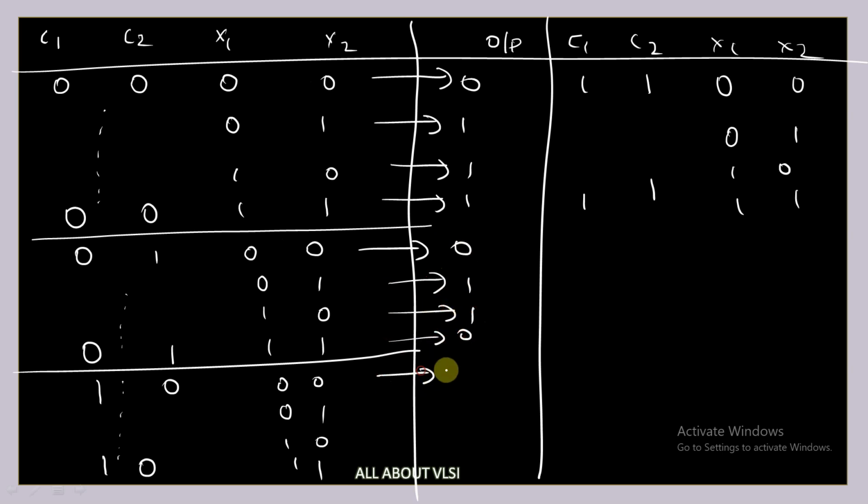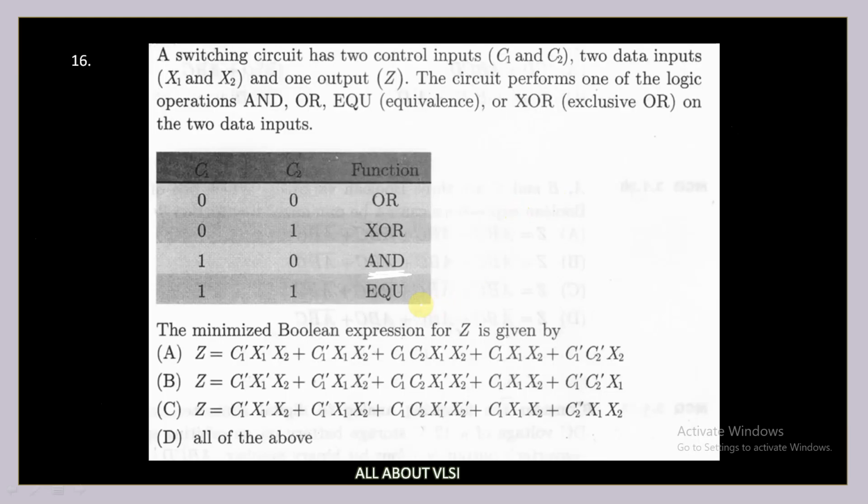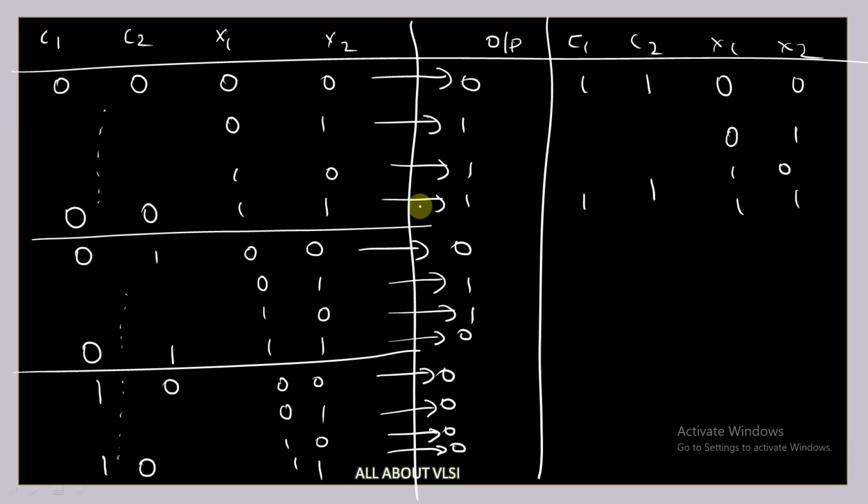Next we perform the AND operation. Next we perform the XNOR operation. So: OR operation, XOR operation, AND operation, and XNOR operation. Here we perform the XNOR operation, 1 0 0 1.